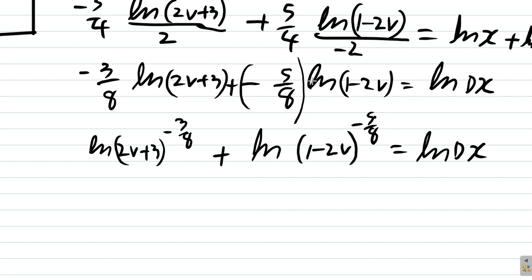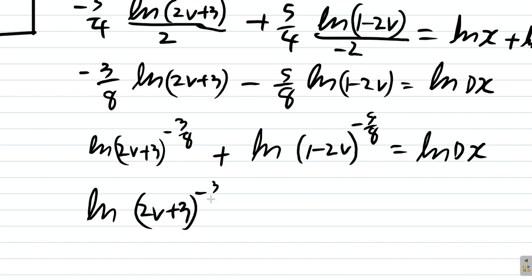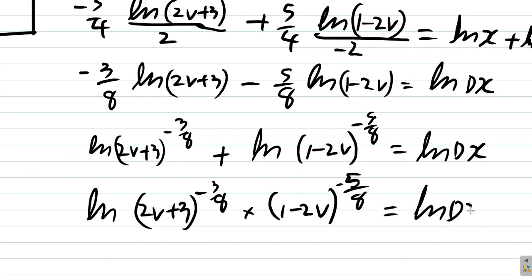So I use it as a power. Now, again, laws of logarithm. This is ln of (2v + 3) to the negative 3/8 times (1 - 2v) to the negative 5/8 equal ln dx. So it's ln of all of this.